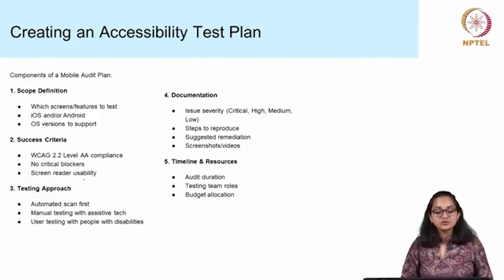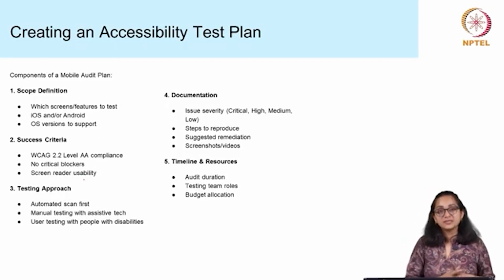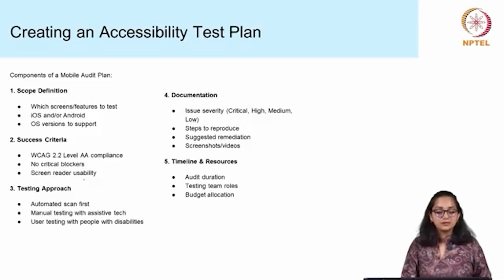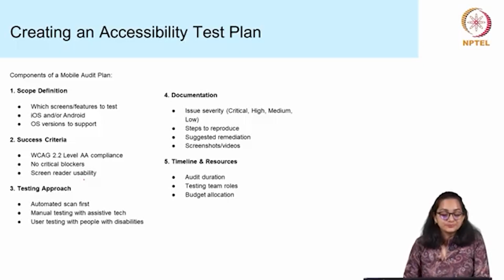So, just to sum up, if you are starting off with an accessibility test plan, have these steps documented before starting. There can be primarily five components of a mobile audit plan.